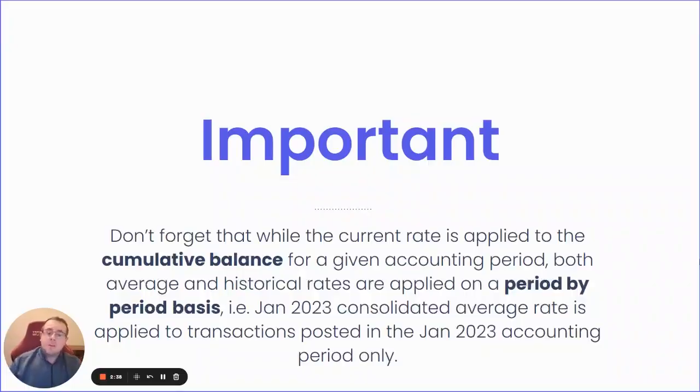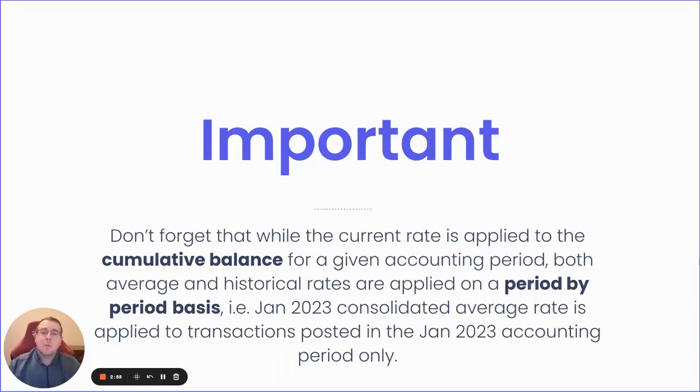Now, it's worth noting that while the current rate is applied to the cumulative balance for a given accounting period, both average and historical rates are applied for each period on a period-by-period basis.